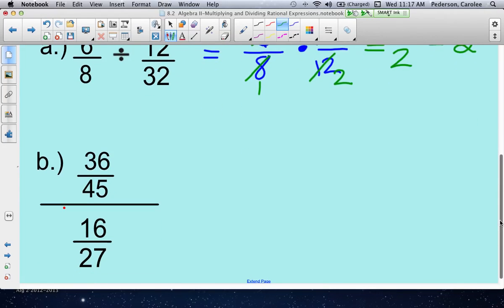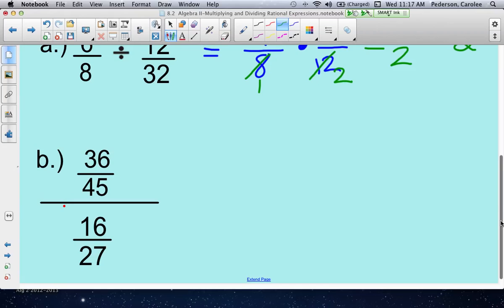All right. Question B, 36/45 divided by 16/27. So I have a fraction dividing a fraction. So again, we're going to change this division symbol to multiplication, and then we're going to flip that fraction. We're going to reciprocate it.